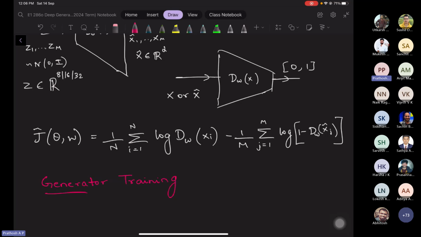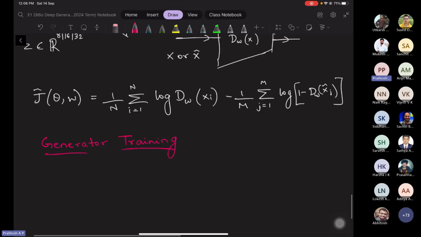For generator training, what you should do is write theta t plus 1 is equal to theta t minus the gradient of J cap, evaluated at theta t comma W t, with respect to theta.